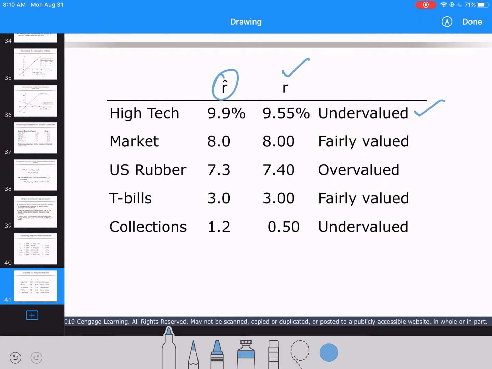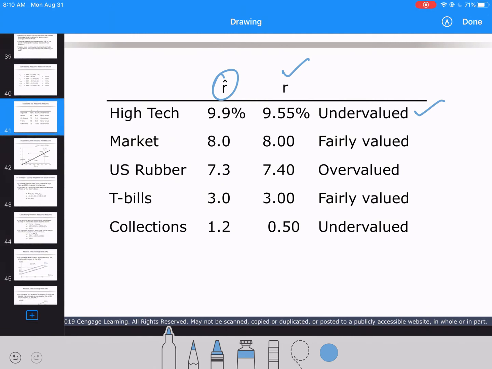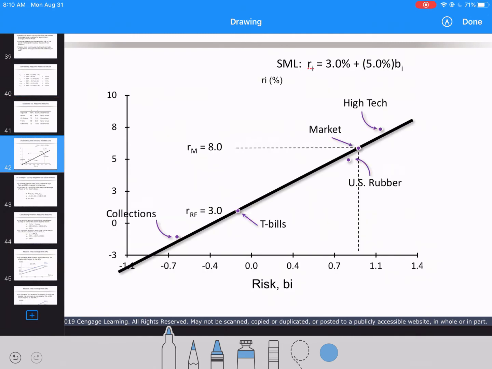Now in a graph, this is your SML. If a security is on the line, then it is fairly valued. RM and RF are the required rates of return.